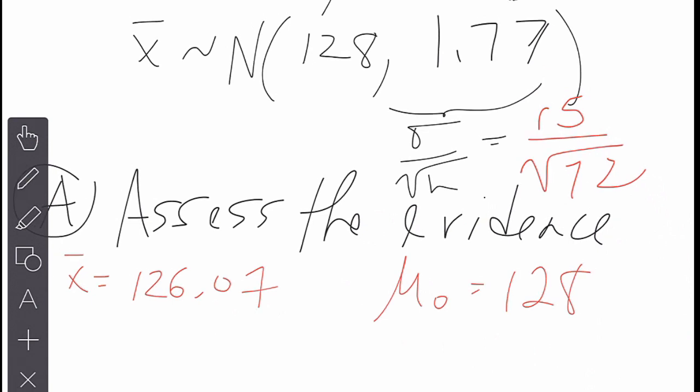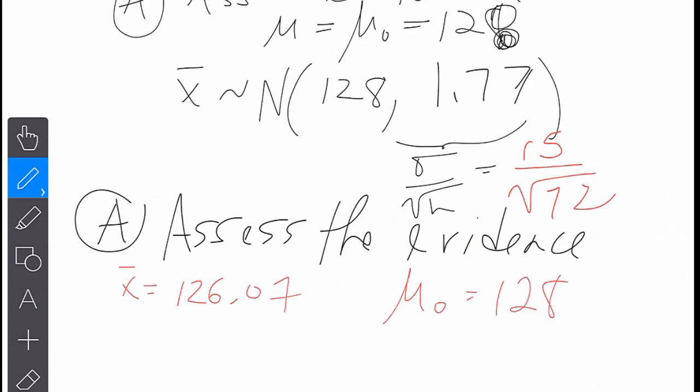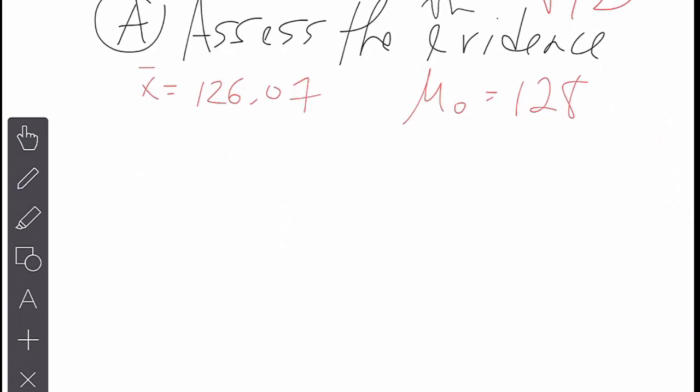The way we assess is we determine the number of standard deviations that our result is apart from the hypothesized mean. So I'm going to do this in black. So we're going to create, in doing this, a Z statistic, right? Because we know that, or we assumed that x bar was normally distributed.